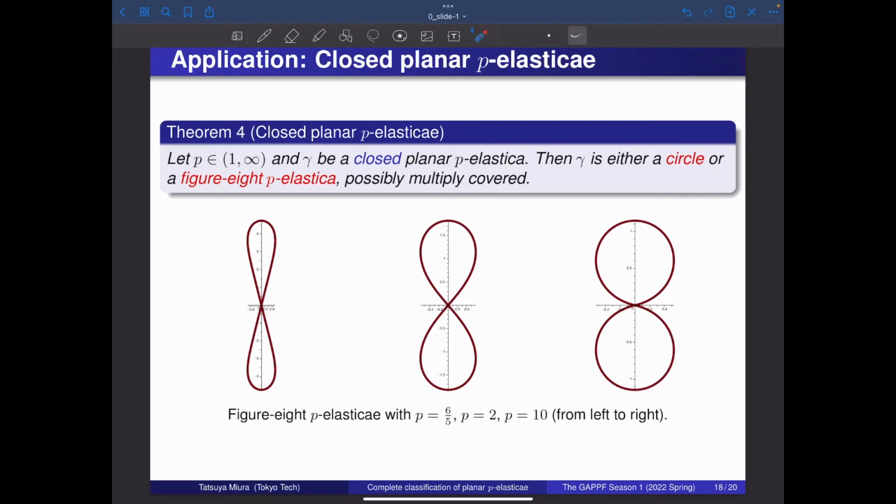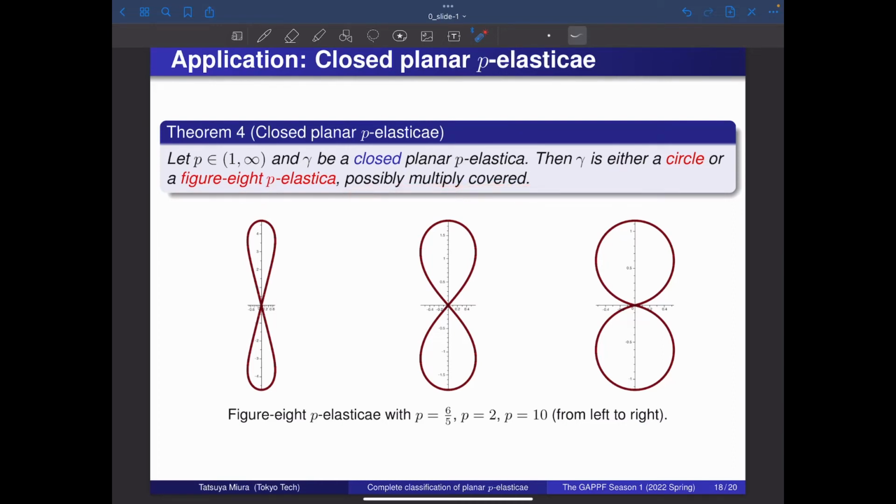And for the first time, we have completely classified all closed planar P-elasticae. And the statement is as follows. Let the exponent P be arbitrary, and assume that gamma is a closed planar P-elastica. Then we can say that this curve gamma is either a circle or the so-called figure-8 P-elastica, possibly multiply covered.